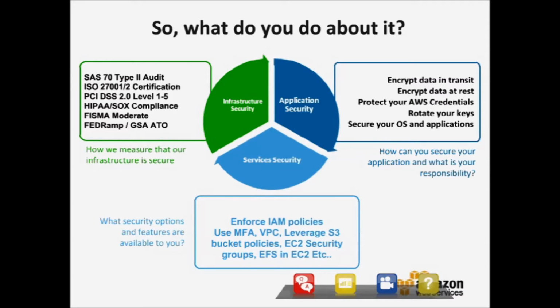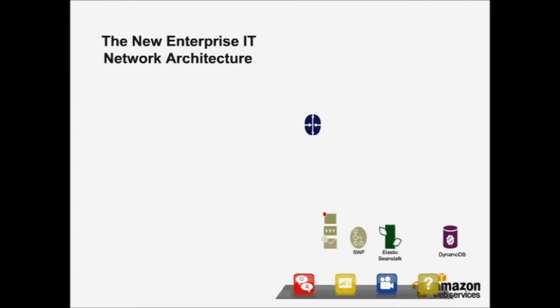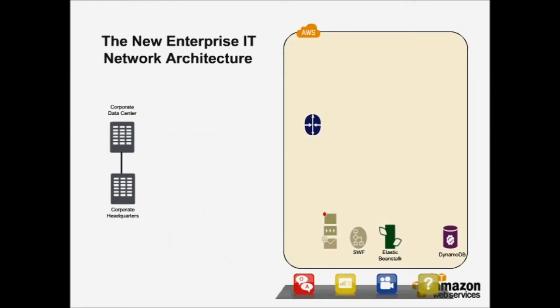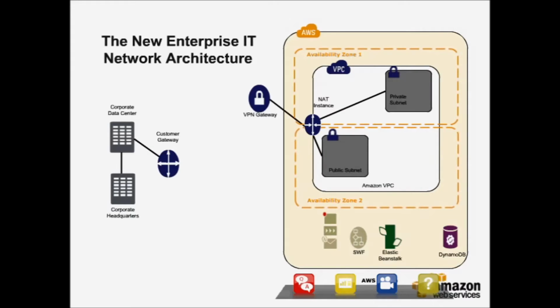So from an architecture standpoint, that ends up looking a little bit like this. You will likely have your corporate data centers or your facilities that already exist, or the systems that you're in the middle of end-of-lifing and looking at migrating to cloud. You want to build a secure connection from those systems into our systems.